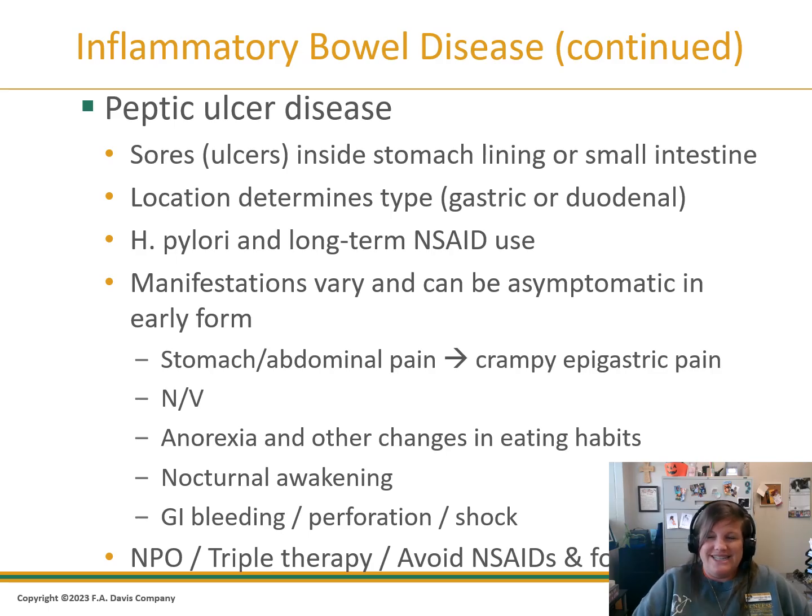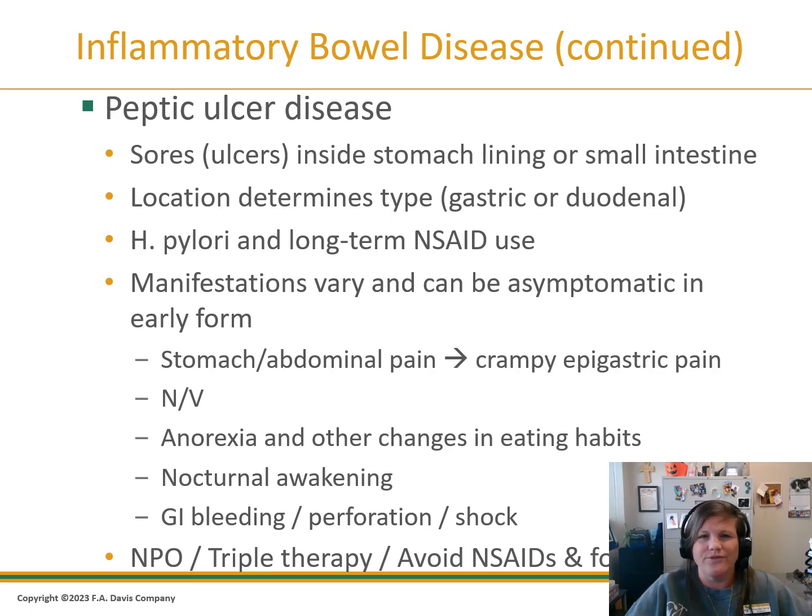So if it's an infant, the symptoms or the manifestations you can anticipate seeing would include hematemesis, so basically bleeding with vomit, melena, distension, and distress, respiratory distress.